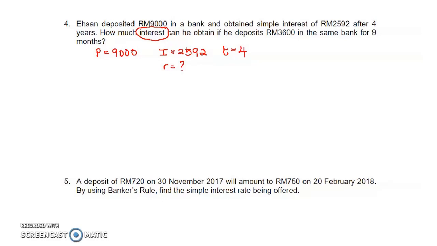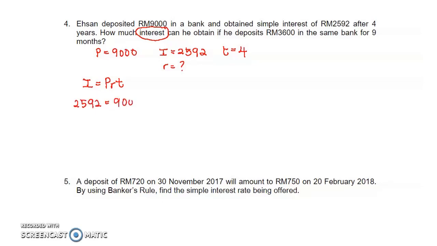Now we have the value of I here, so we can use formula I equals PRT in order to find the rate of interest. I is 2,592.